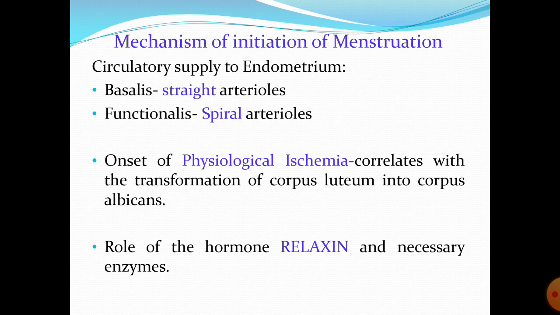From the straight arteries of basalis, during the post-ovulatory period, temporary characteristic arterioles arise which get into the functional endometrium. These are known as spiral arterioles.